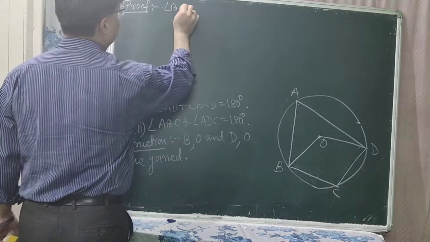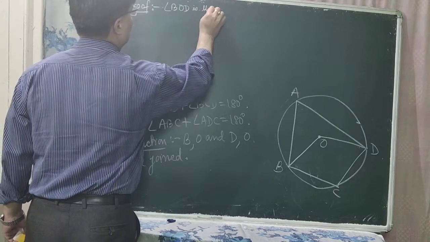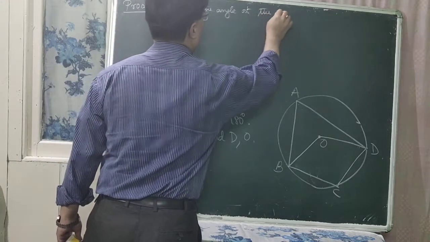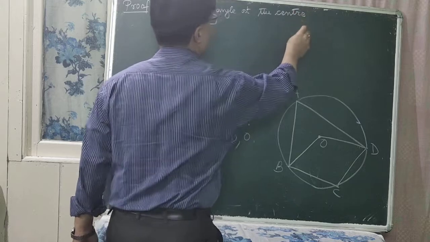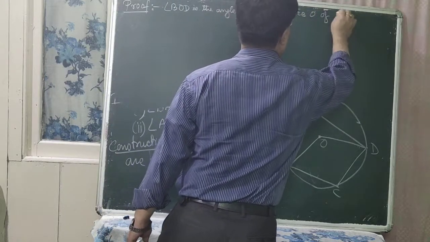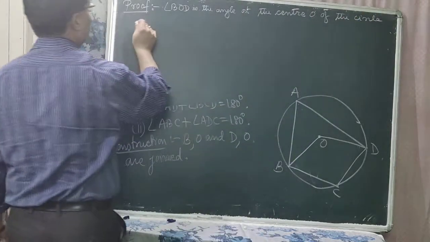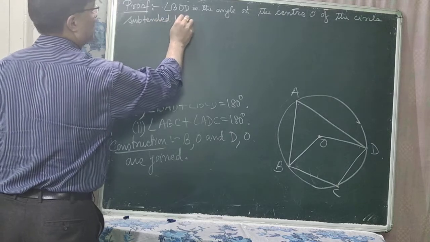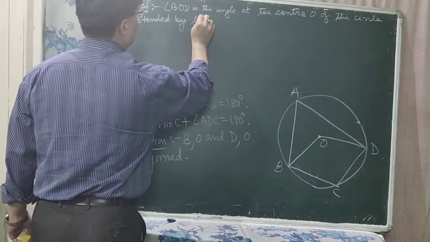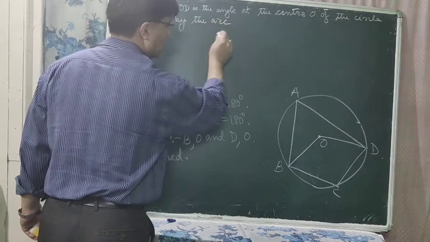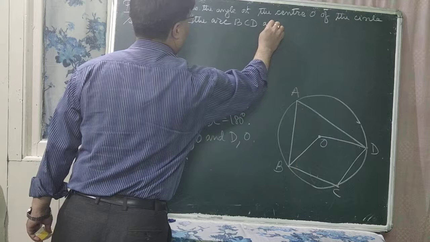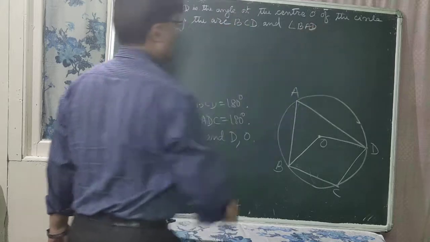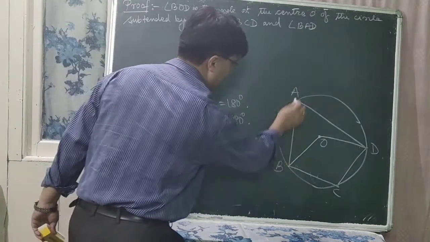Angle BOD is the angle at the center O of the circle subtended by the arc BCD, and angle BAD, right, and angle BAD.